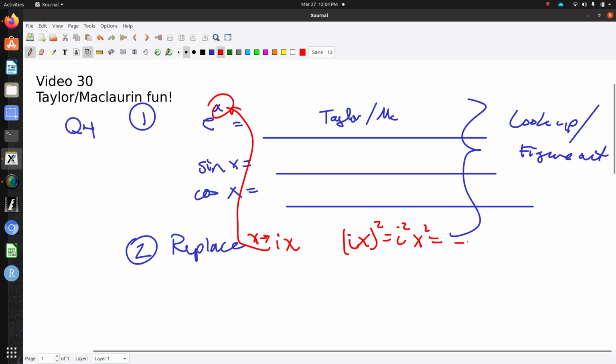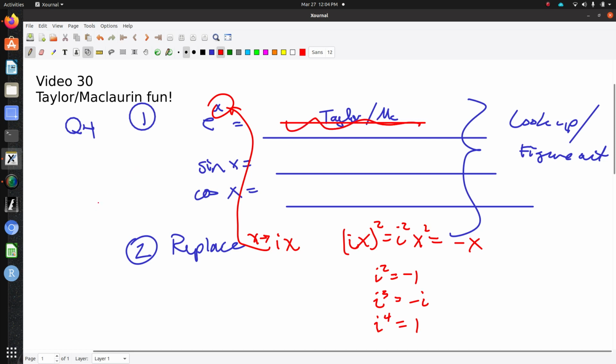But i squared is -1, right? Because i squared is equal to -1. i cubed is -i, and i to the 4th is just 1. Okay, so you do those substitutions, and then you should get a change over here. Okay, this bit is going to change.